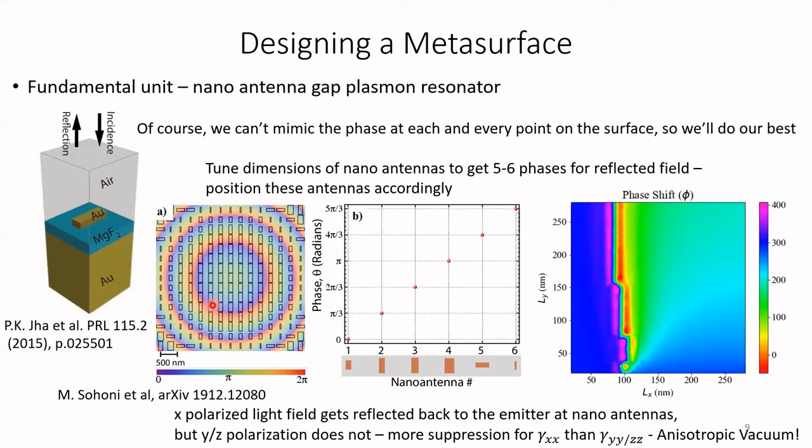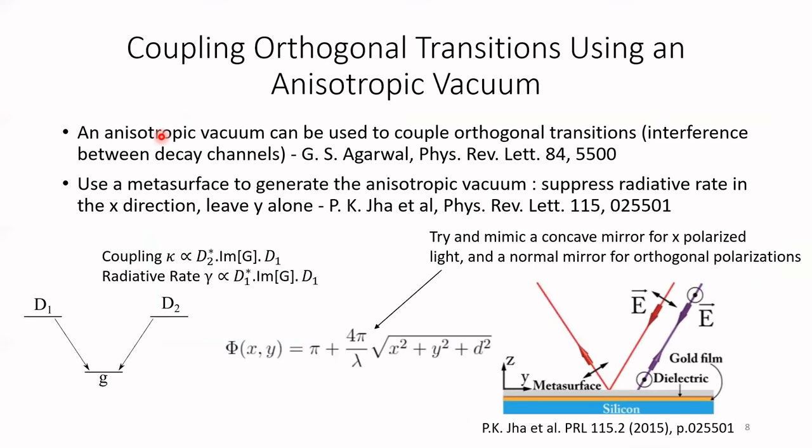So as I said, you have these nano antennas, which are artificial atoms, and you can control the phase of the reflected radiation field. The phase profile I want to mimic on the metasurface is this, where X and Y are the coordinates on the metasurface, the in-plane coordinates, and D is the height of where the emitter is sitting above the metasurface.